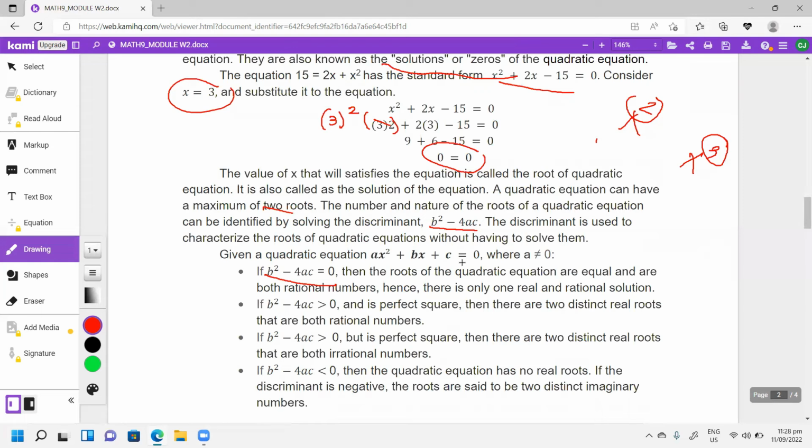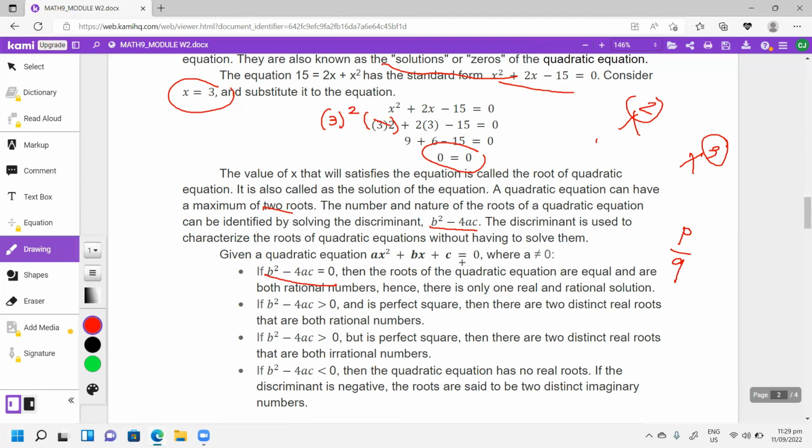If we're talking about a rational number, it is a number that can be expressed as the quotient or fraction p over q of integers, where p is our numerator and q is our denominator.